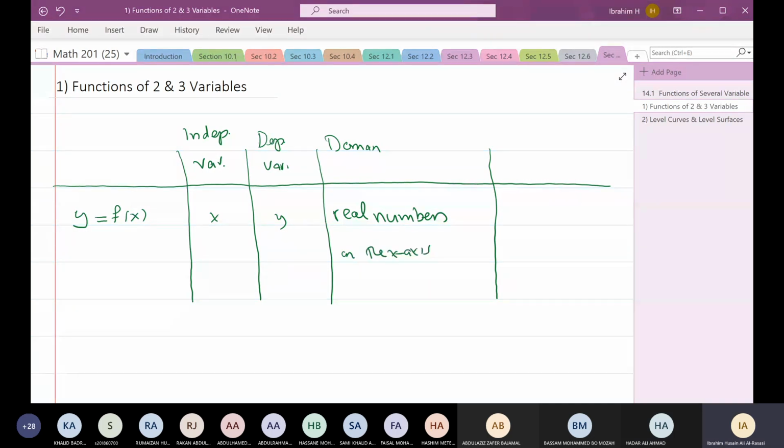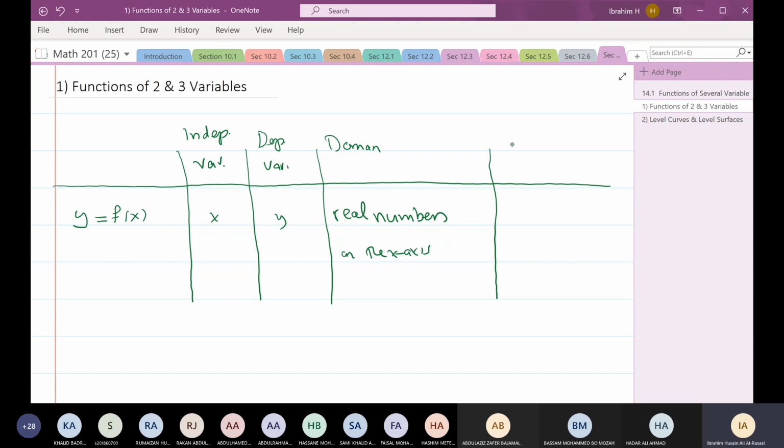The domain is the possible values of x. It could be the whole real numbers from -infinity to infinity, or maybe just an interval from a number to a number. But the values of x will always be real numbers on the x-axis.